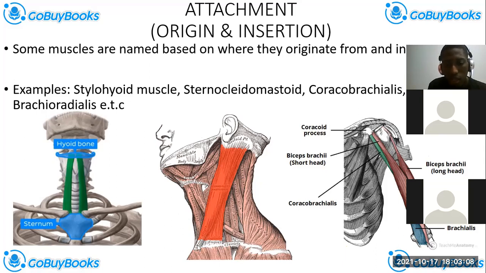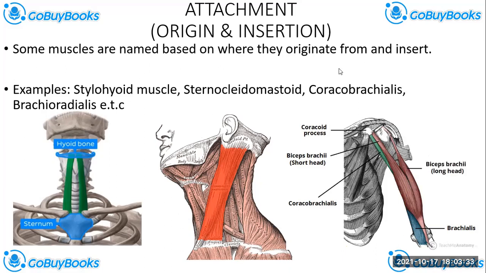That's why it's sternocleido, from the clavicle, then it goes up to insert at the mastoid process of the temporal bone. So that's why it's called sternocleidomastoid. I hope you get that. Yeah, I believe you should get it. If you don't, let me know. I can try another way to explain.